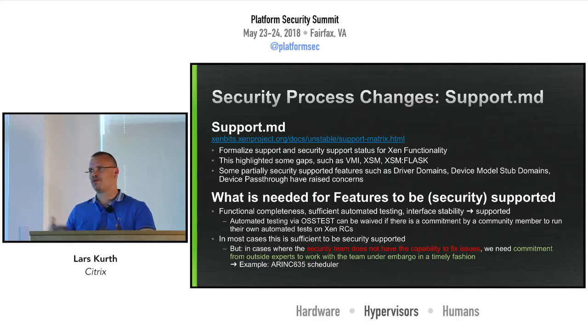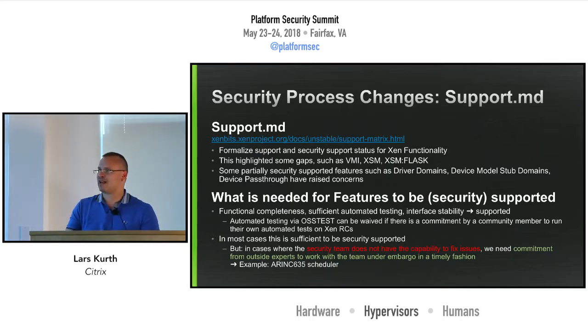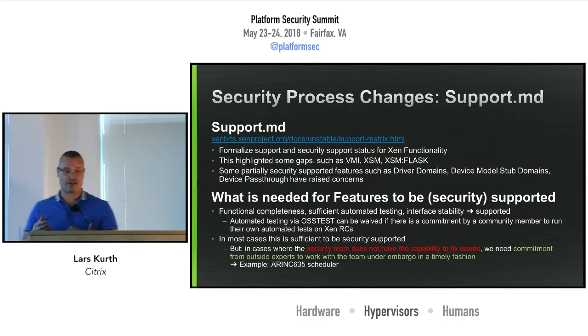And that means if a vulnerability is found, we go through the whole disclosure process and so on and so forth. So first of all, we need to have components which are functionally complete, sufficiently tested, interfaces stable, and so on and so forth. And then we would declare the feature supported. And in most cases, that also means that we would security support it as well.